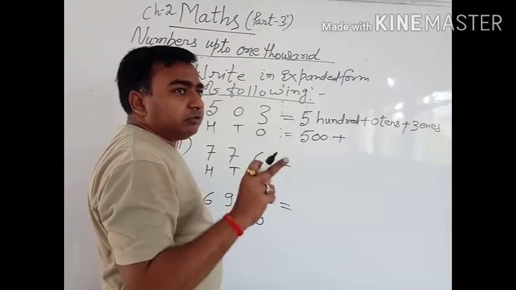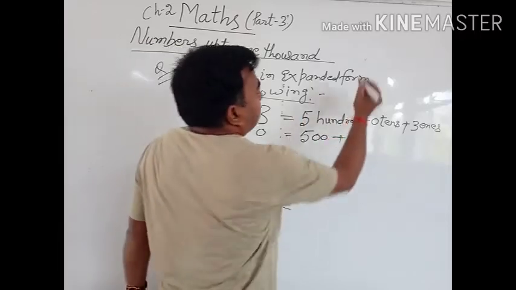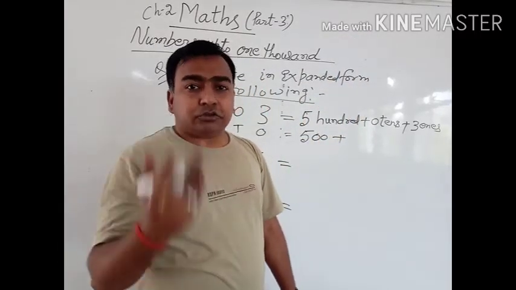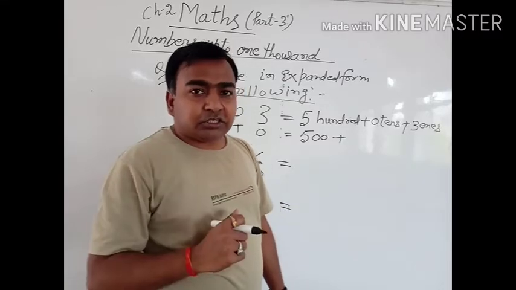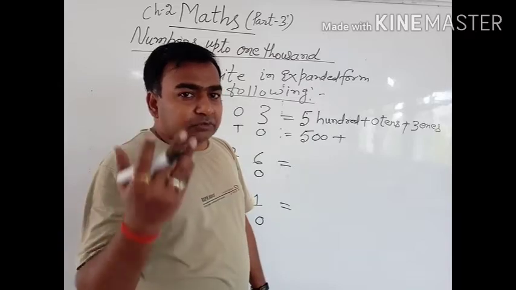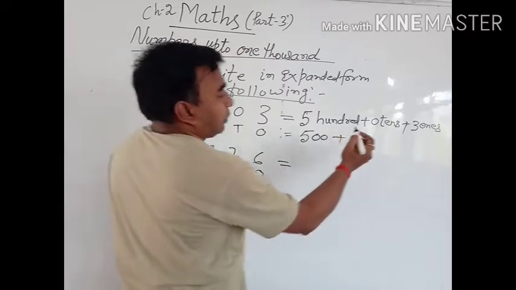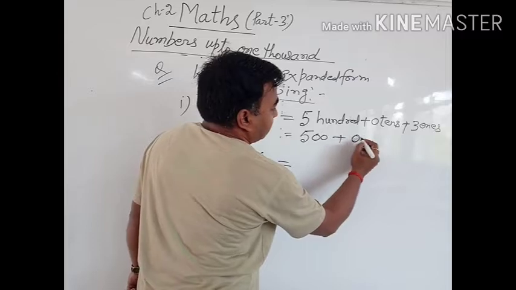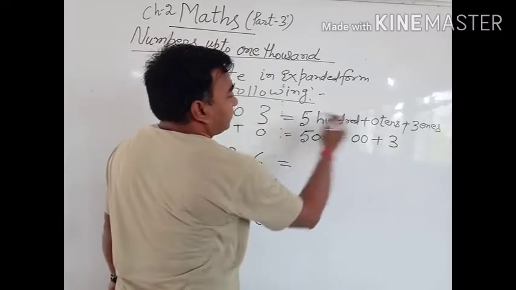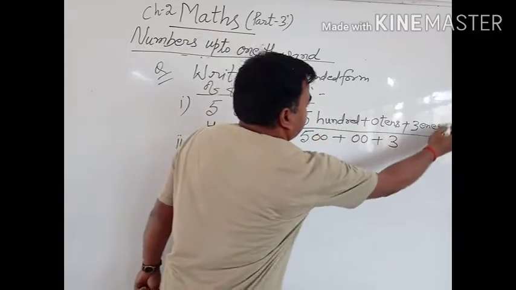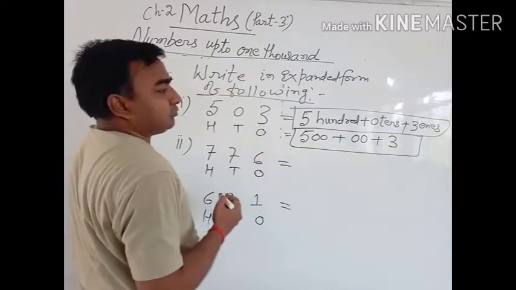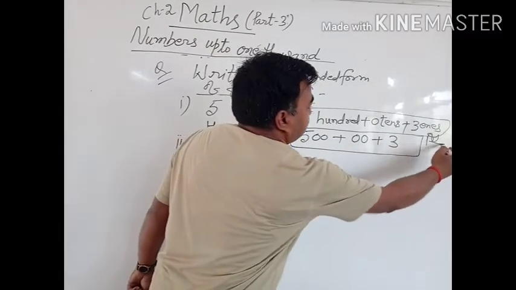Read the table of 0: 0 ones are 0, 0 twos are 0, 0 threes are 0, 0 fours are 0, 0 fives are 0. So 0 tens means 0. Now 3 ones means 3. So this is the expanded form of this given 3-digit number.